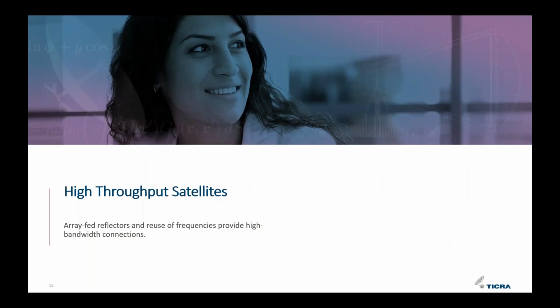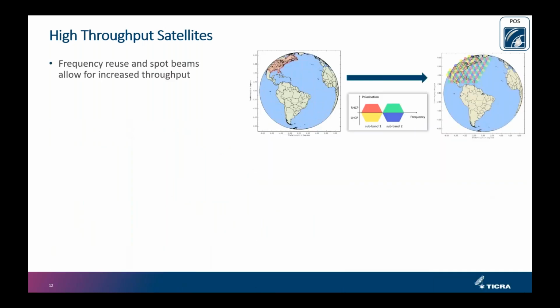The next example I'll go through are some high throughput satellites. So what is a high throughput satellite? Well, basically, instead of having one large coverage area where you send down a contour beam, we move over to a different kind where we have cut our frequency band into 2 separate subbands, and then we use 2 separate frequencies.